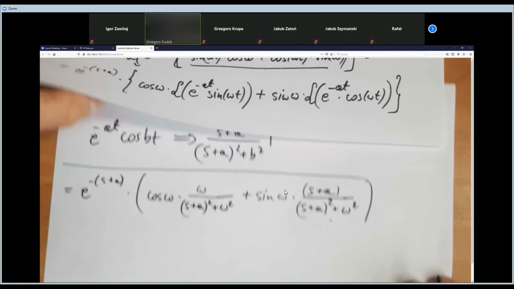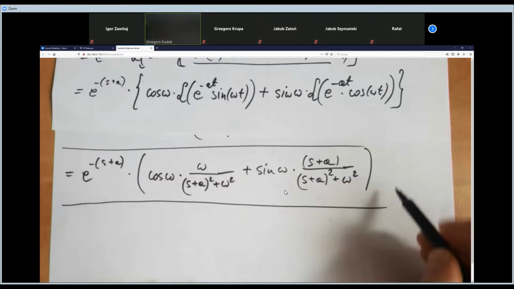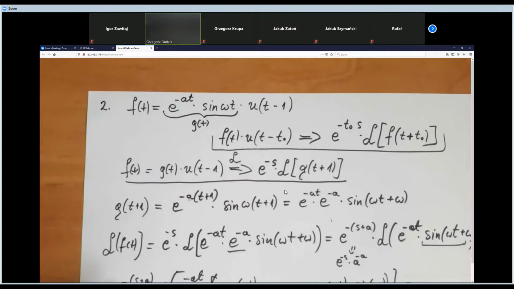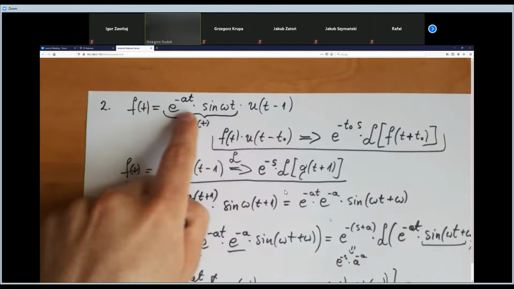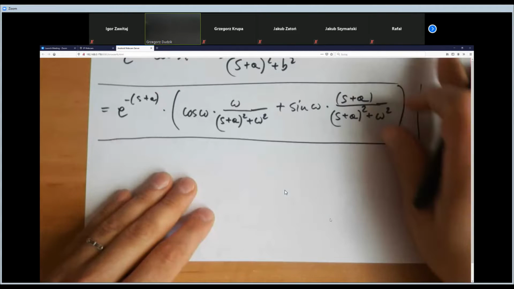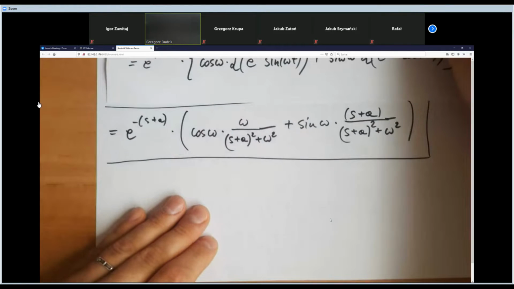As you see, step by step, we solved the problem and we found the representation of this function in the time domain. We found the representation in the Laplace domain, which is presented here.